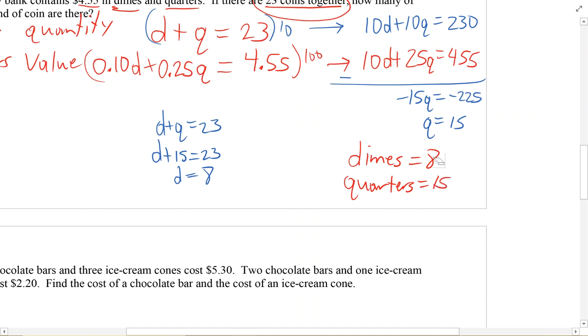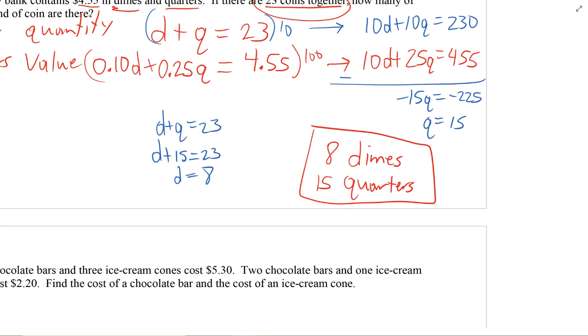Or you could do more what Jordan said and just say 8 dimes and 15 quarters. You don't even need an equal sign. Okay, there you go. Or you could do a longer sentence. Don't care. All right. But you're telling me you knew what to look for, you found it, and this is what it is. Okay, you have to explicitly say that. Any questions?